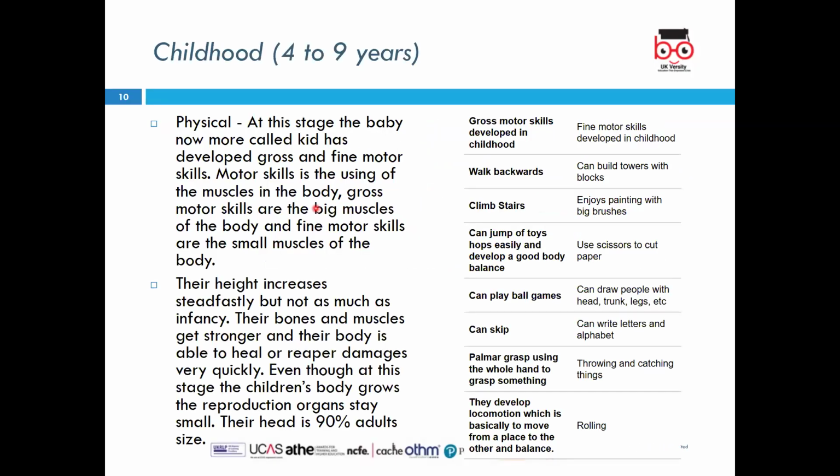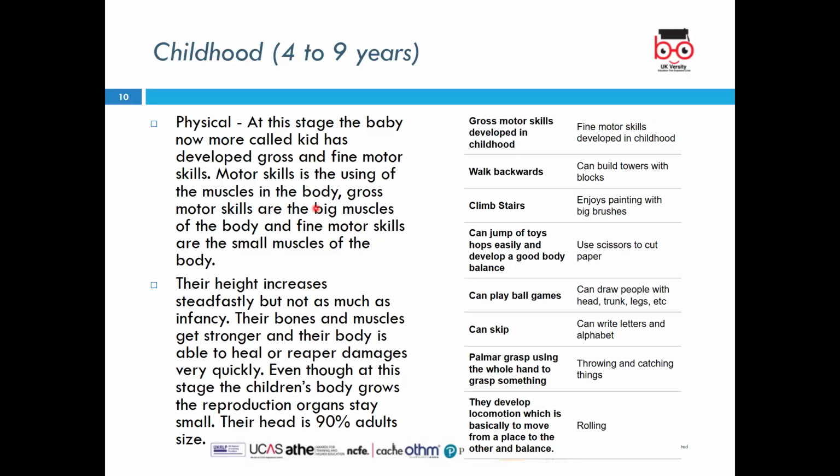Coming towards childhood, when your infancy stage of 1 year is over, there's physical growth where the child grows very rapidly. At this stage, the baby is now called a kid and has developed gross motor skills. So they'll be toddlers at the moment. After the infancy period is crossed, they have developed gross and fine motor skills.